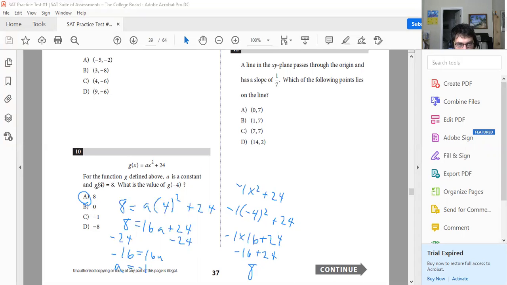Which was the value of our g of 4 that they gave us, because in this case it's a parabola and it's going to be symmetric about the y-axis. So g of 4 will be g of negative 4. They'll be the same value. And we can go clear that.